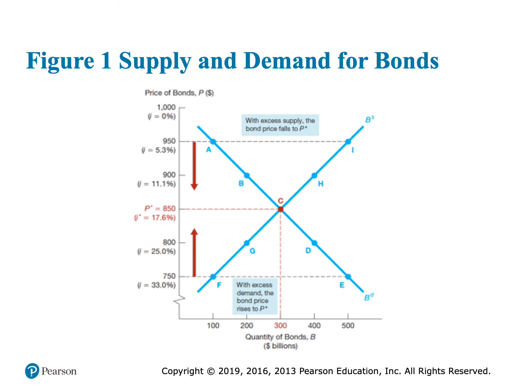There's simply not enough bonds to meet the demand for bonds, and people will start bidding up the price of bonds. As they do so, interest rates fall. We move along the quantity supplied and quantity demanded curves as we move from F to G to C in the case of bond quantity supplied, and E to D to C in the case of quantity demanded of bonds.